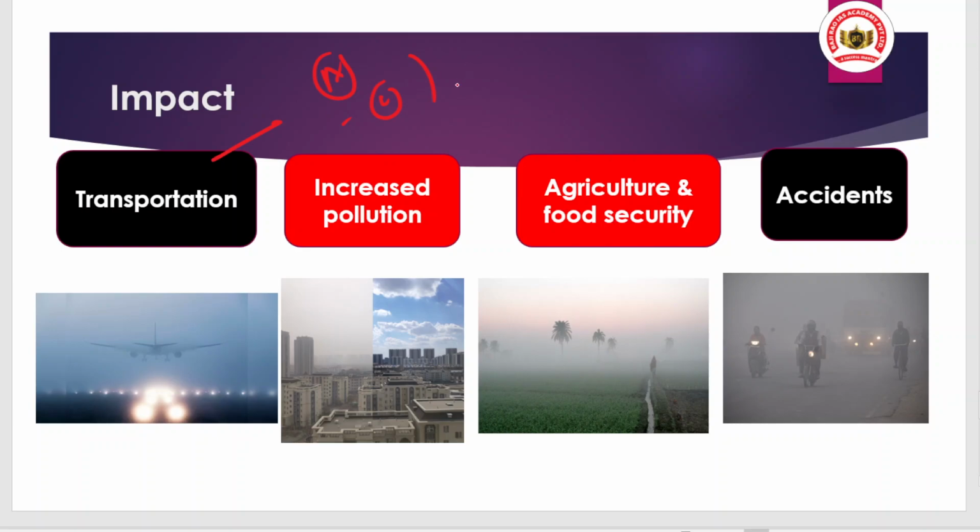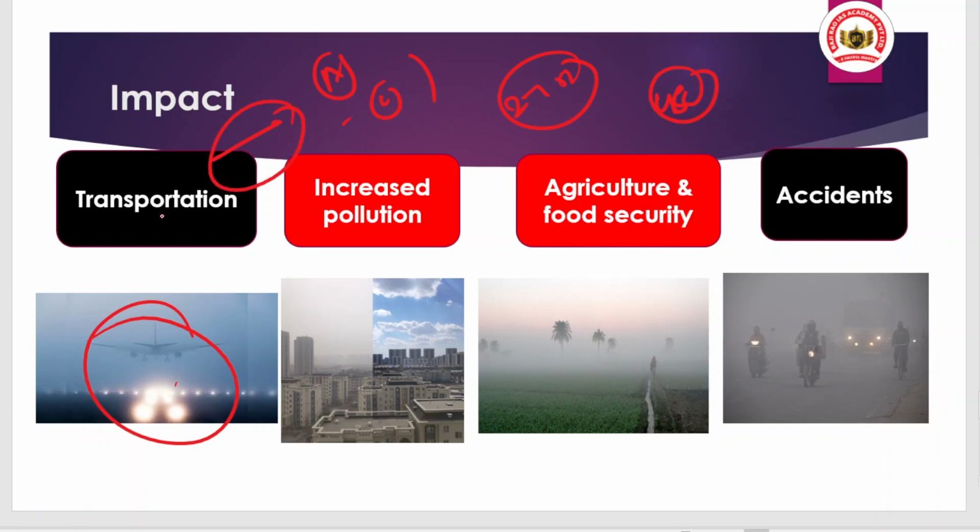There can be delays in flights and in trains. For example, I think on the 27th of December, around 450 flights were delayed. There was data in an article, but maybe I am forgetting. The main point is that it reduces visibility, and because of that there is an effect on transportation, whether rail, road, air, or oceanic.